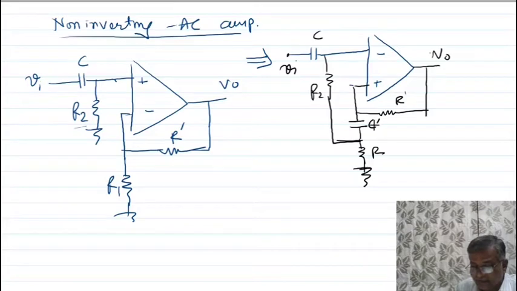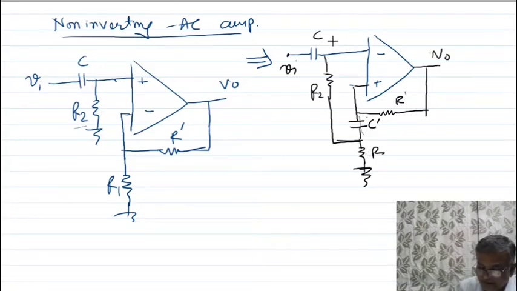Here the capacitor C dash is such that it offers very low reactance to the signal at which the circuit is operated. As a result, this behaves as short circuited. Then this potential and this potential will be the same.